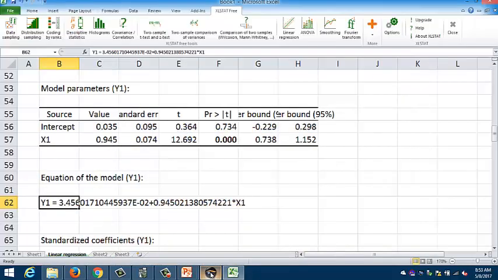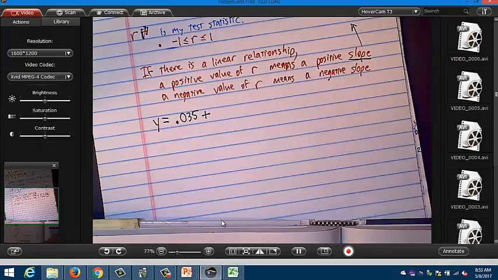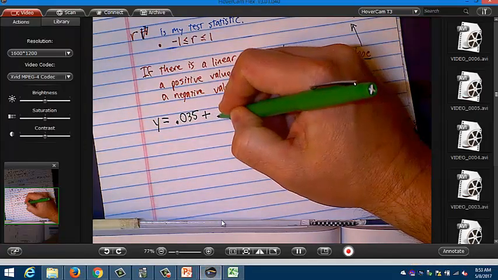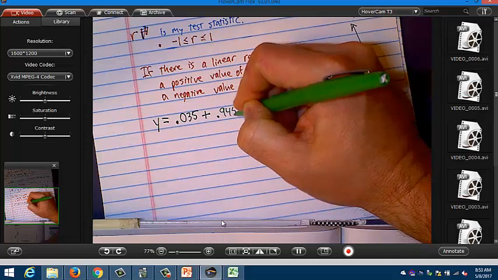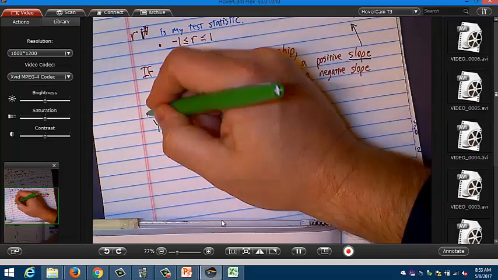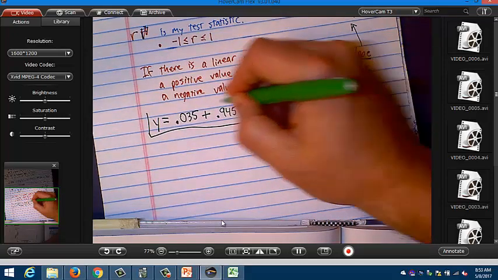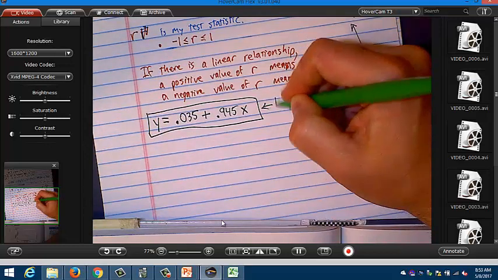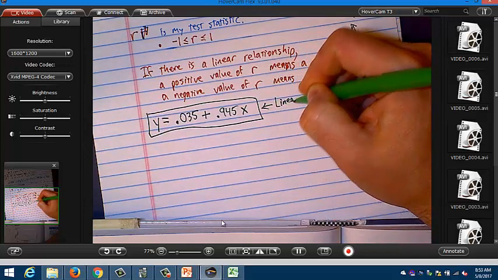And then after the plus sign, do you guys see the plus sign? It's kind of all mushed together. Plus what? It says 0.945 times x1. And so I'm going to say plus 0.945x. This is my linear regression equation.